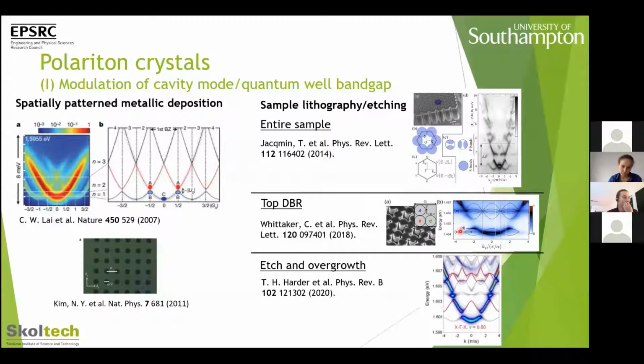And then, of course, there are the very new techniques which Sebastian gave a really good talk about earlier, whereby the growth process is stopped partway through the sample and the cavity spacer is etched to the desired lattice, and then the top DBR is grown onto that. And this gives the benefit that there's controllable height of the potential landscape that's created.